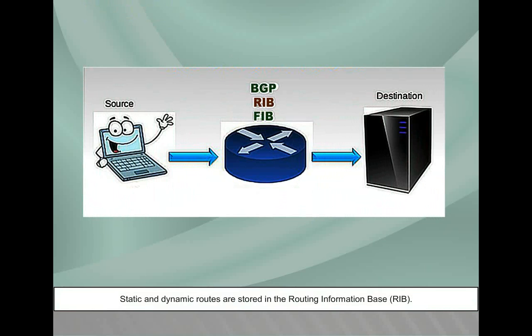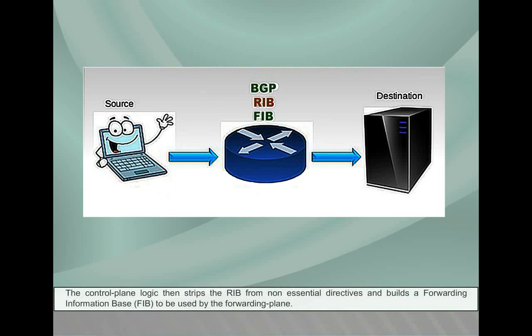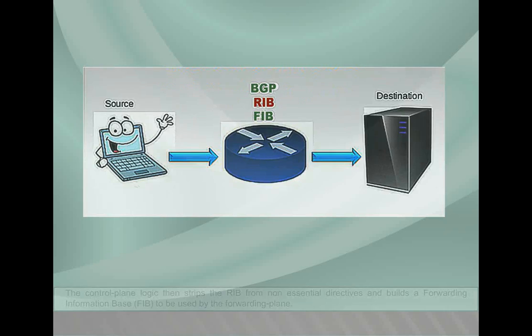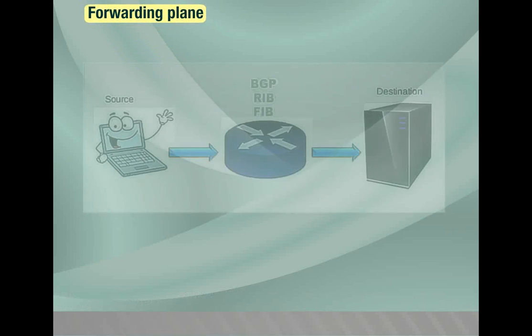Static and dynamic routes are stored in the routing information base, that is RIB. The control plane logic then strips the RIB from non-essential directives and builds a forwarding information base, that is FIB, to be used by the forwarding plane. Forwarding plane.